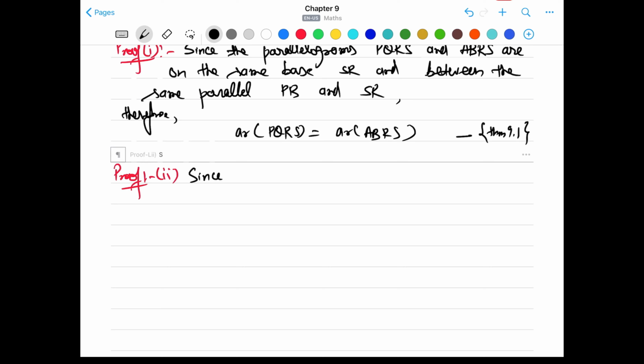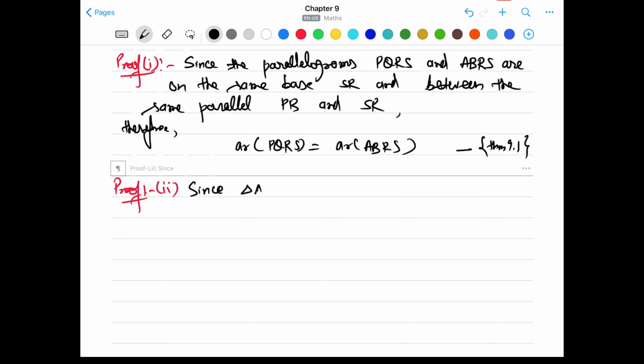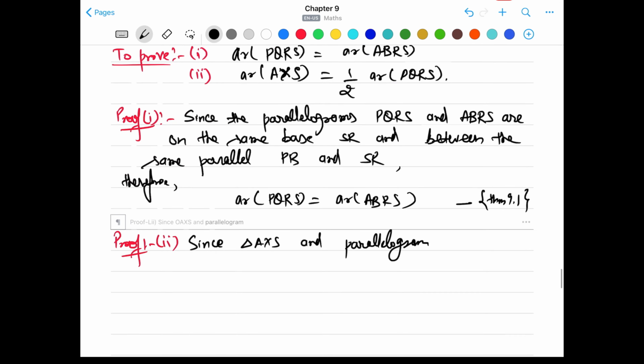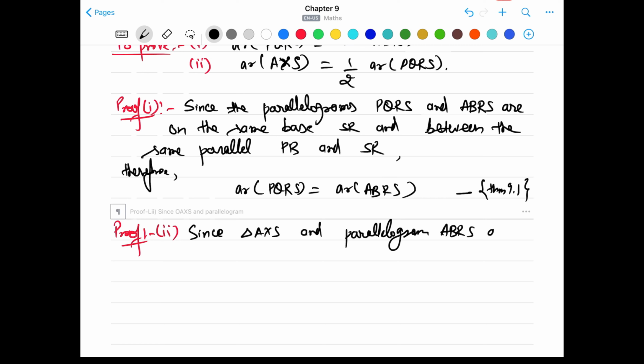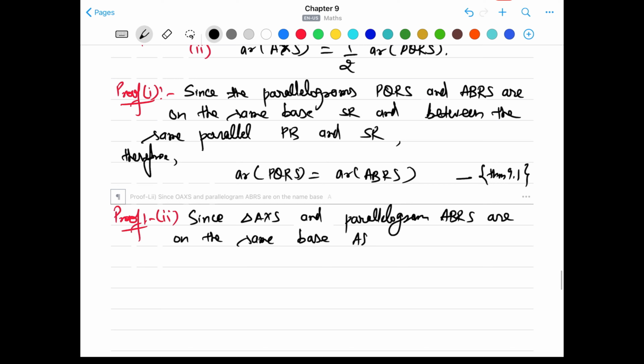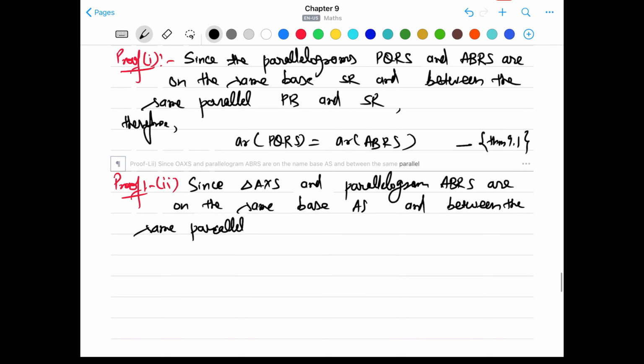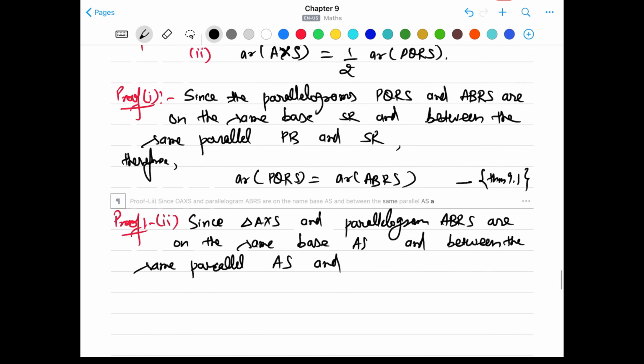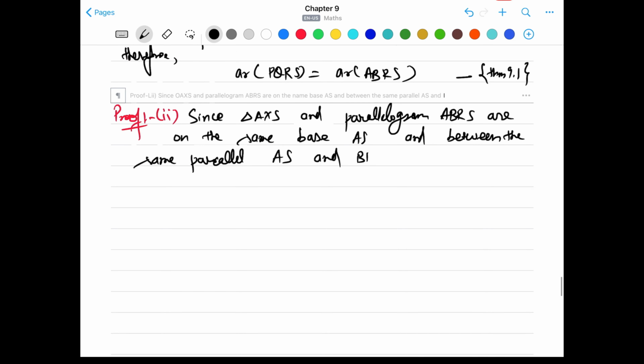Okay, so we'll write, since the triangle AXS and parallelogram ABRS are on the same base, the same base here is AS, and between the same parallel lines, here AS and PR.